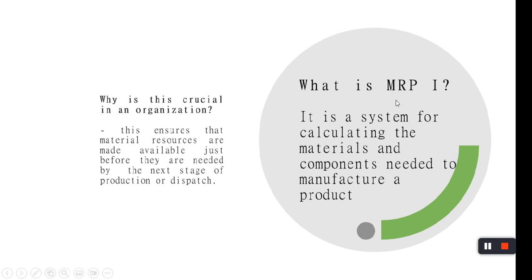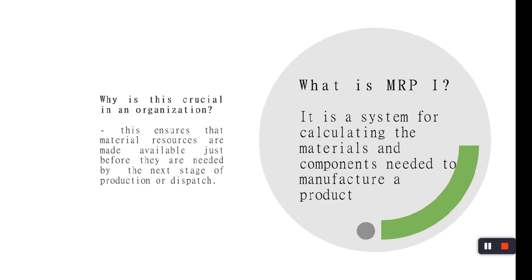This is a hint that when we speak of MRP, we are looking at the inventories or materials or components. MRP 1 is a software that will help us determine how many raw materials or supplies we need in order to produce a product.